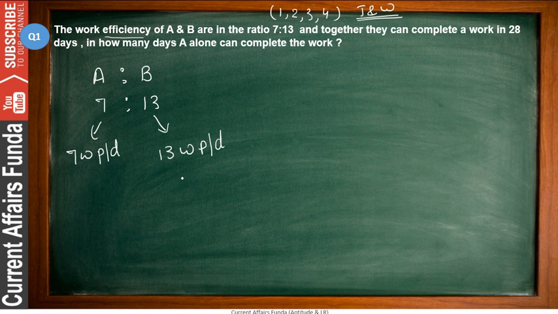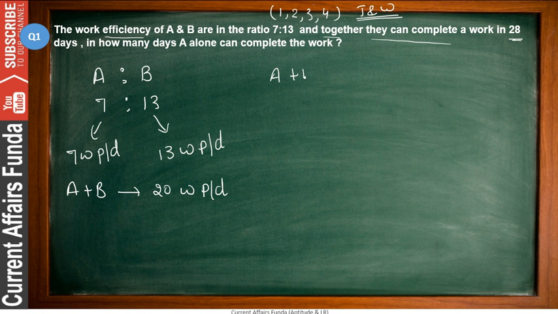The combined efficiency of A and B will be 7 plus 13, that is 20 work per day. And the question says together they can complete the work in 28 days.